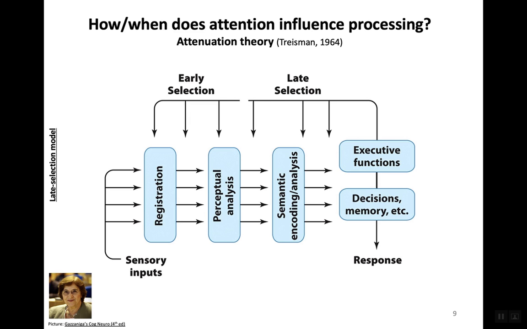So we have an attenuation of perceptual evidence during an early stage, but during a late selection process, that information which has been dampened might still make it through to our consciousness, and in that way guide executive functions and decisions. It may get stored in memory, it may lead to a response, and so on and so forth.